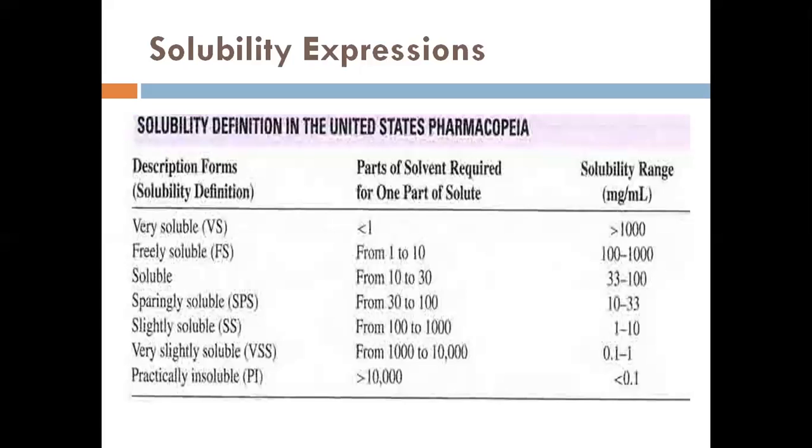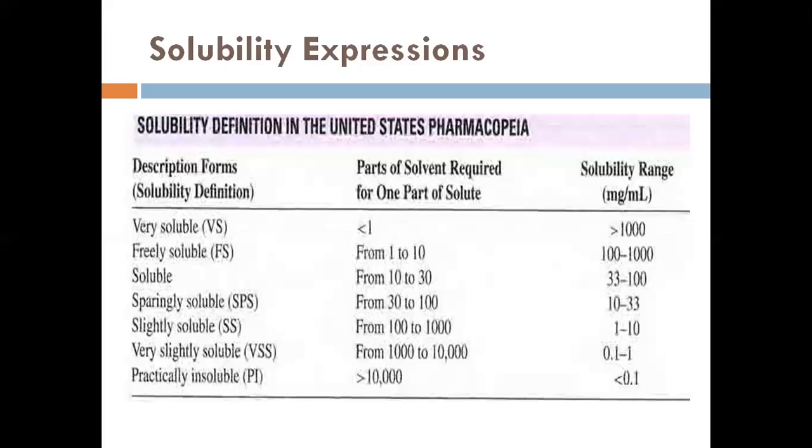Sparingly soluble substance is from 30 to 100 parts of solvent required for 1 part of solute, and its solubility range is 10 to 33 mg per ml. Slightly soluble substance is from 100 to 1000 parts of solvent required for 1 part of solute, and its solubility range is 1 to 10 mg per ml.